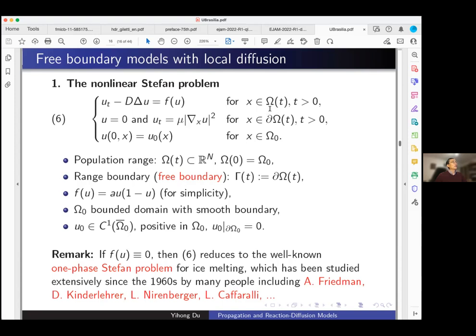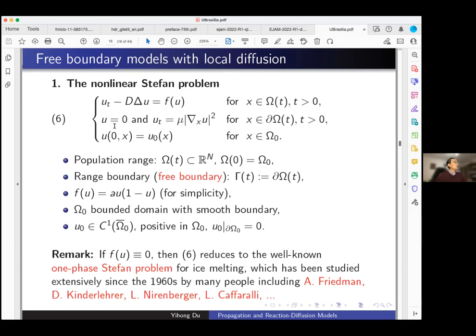But if the population range, or the domain of the partial differential equation, changes with time, then you need another equation to make this problem well posed. And this is the extra equation. I'll explain the physical meaning of this equation in the next slide.